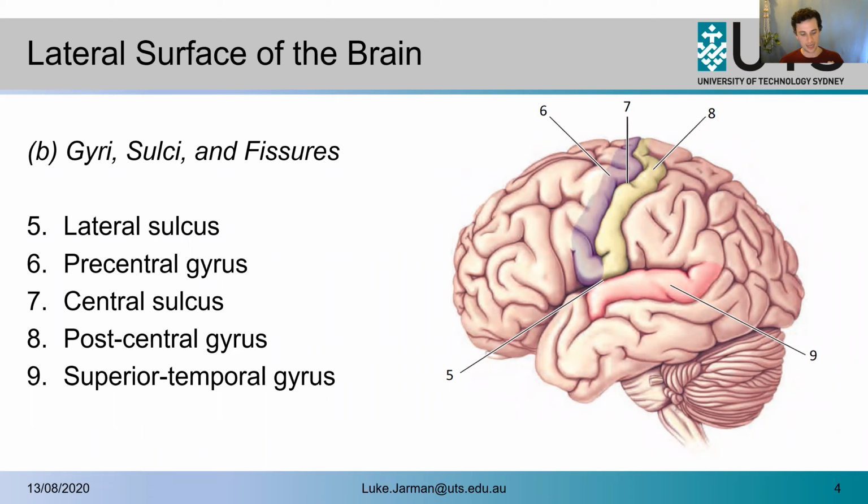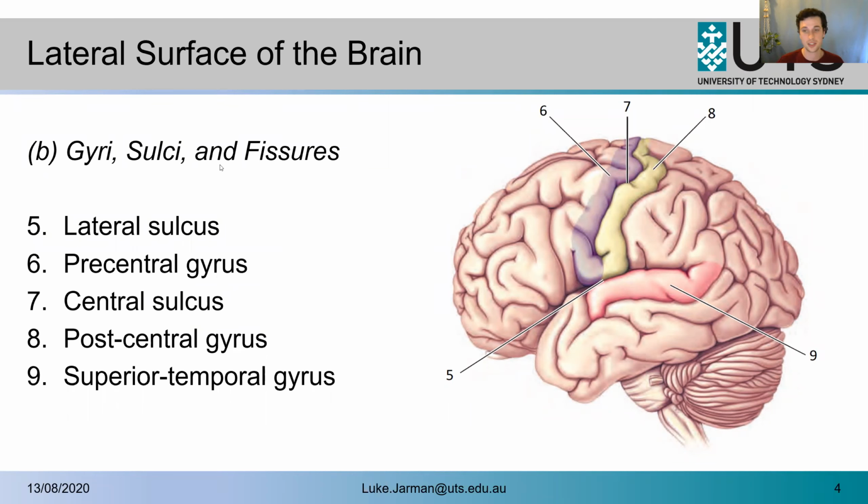If you think of the brain as spaghetti on a plate, the noodles are your gyri, and the gaps in between the noodles are your sulci. The reason we have these is that it increases the surface area of the brain, which was really important for evolution.